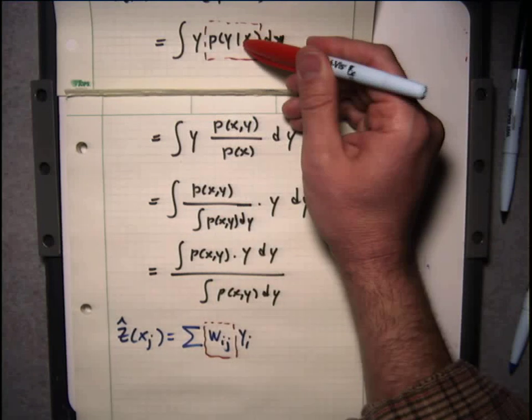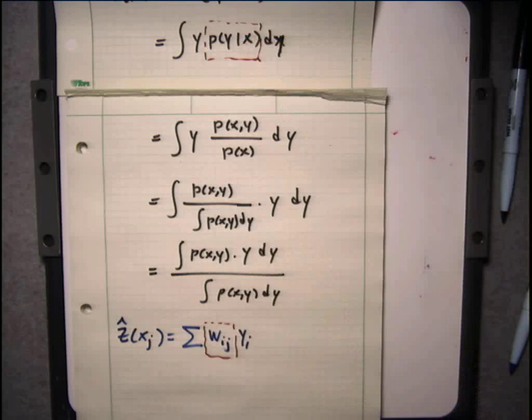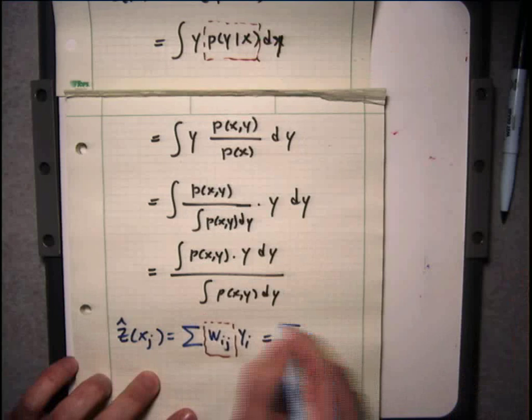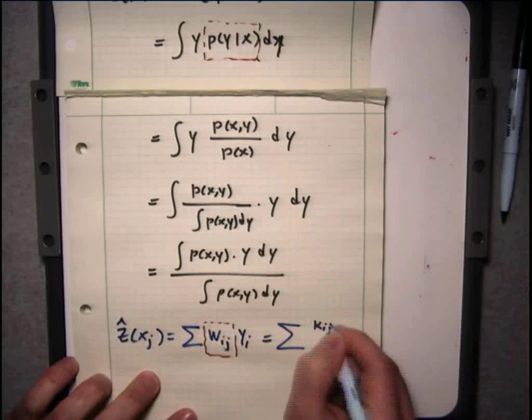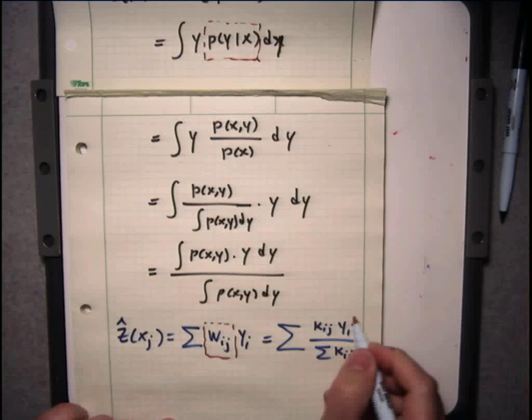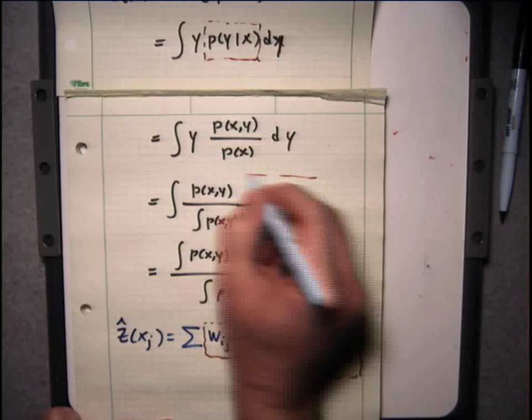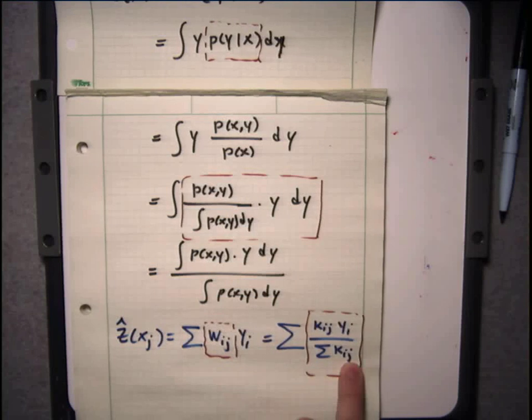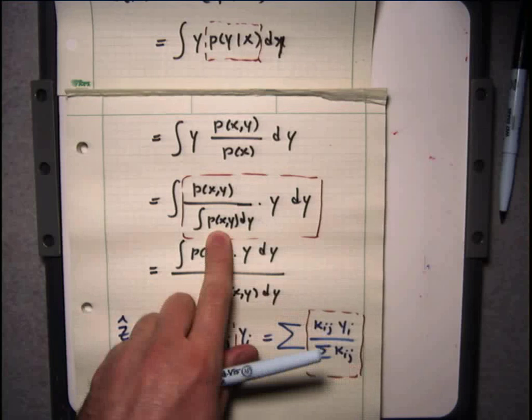Okay? Yet another way to look at it is, let me rewrite this as the sum of Kij yi divided by the sum of Kij, right? Now compare this form to this. Again, the same deal, right? So what you see is that Kij is playing the role of this joint density function.